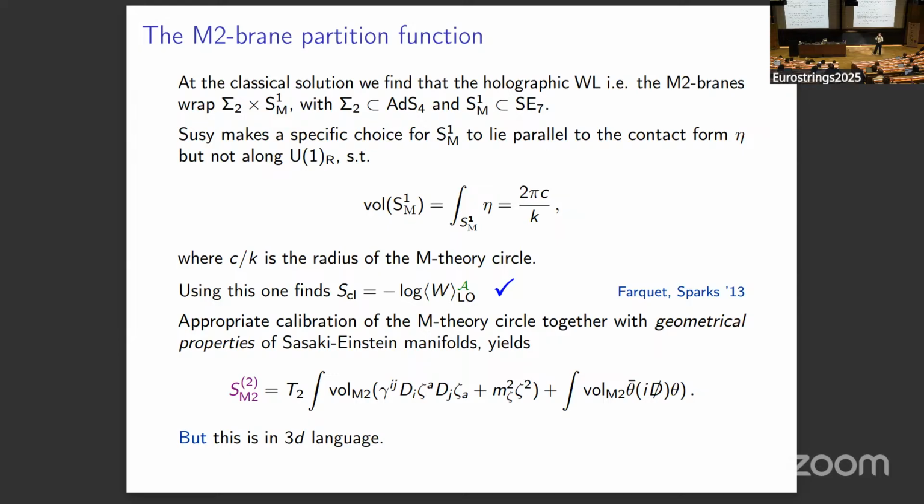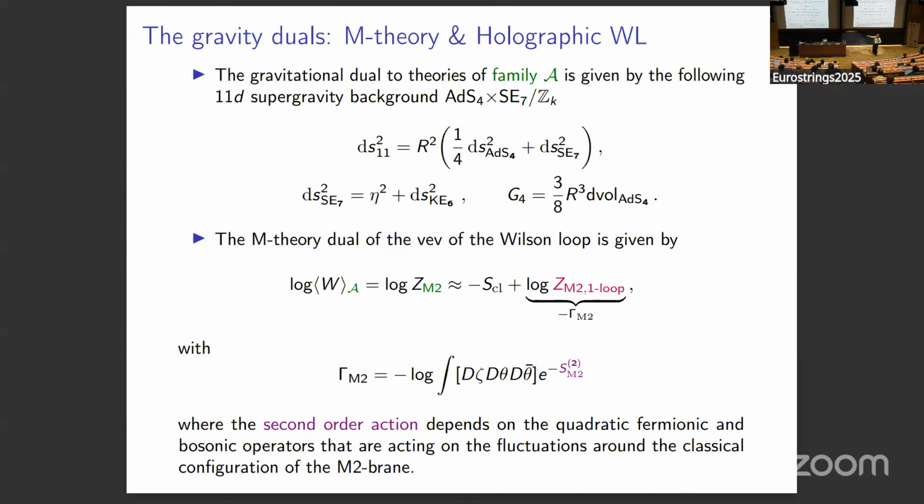Now, the nice thing, and this was done by Farquet and Sparks in 2013, is that supersymmetry actually makes a very specific choice on which coordinates you can identify with this M-theory circle. And it turns out that it has to be parallel to the contact form eta that I told you earlier to remember, because this is coming from, let me just show you quickly, from here.